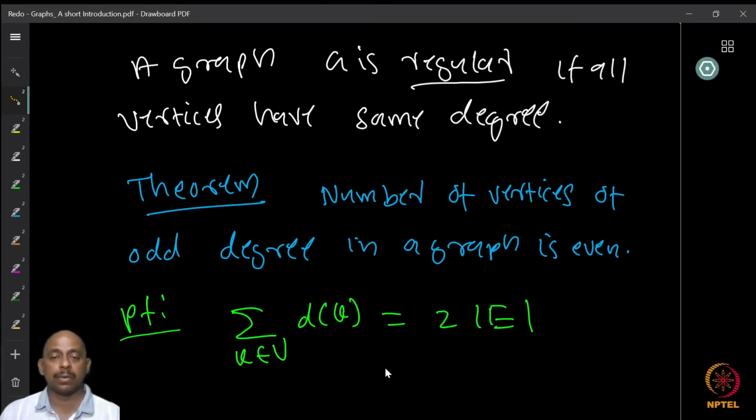So this edge is counted by both of the endpoints exactly once, so 2 times we are counting the edge. Therefore, we are counting all the edges exactly 2 times each, so I have 2 times the number of edges. The total degree is twice the number of edges, which is always an even number, and therefore you cannot have an odd number of odd degree vertices.